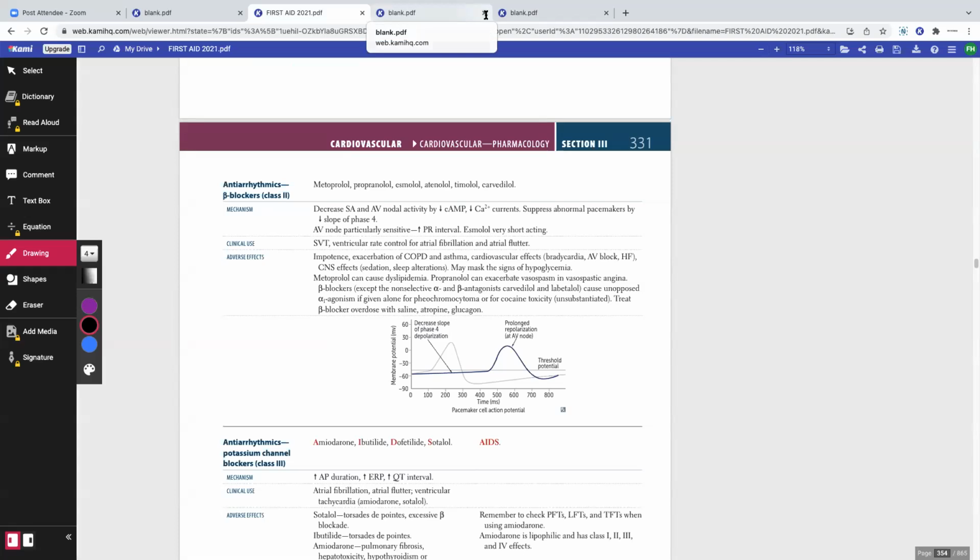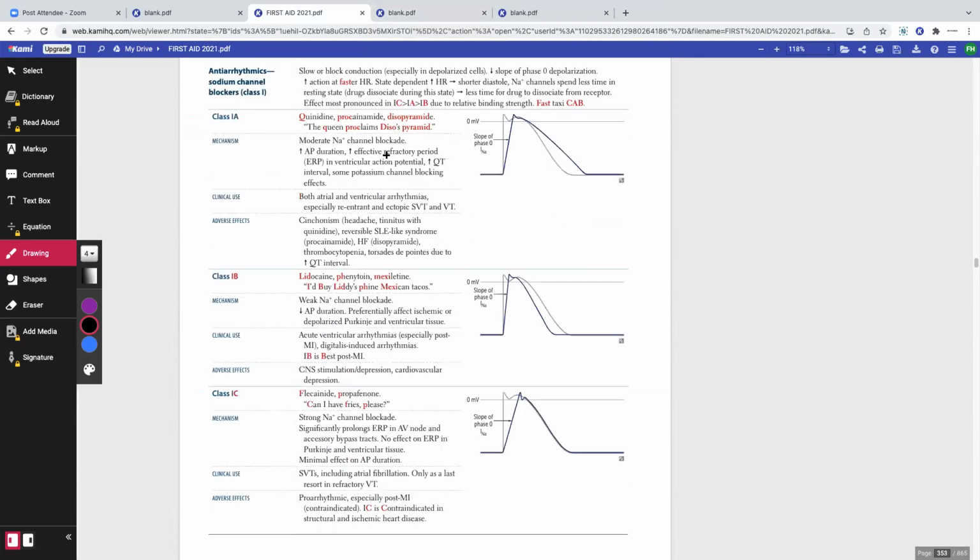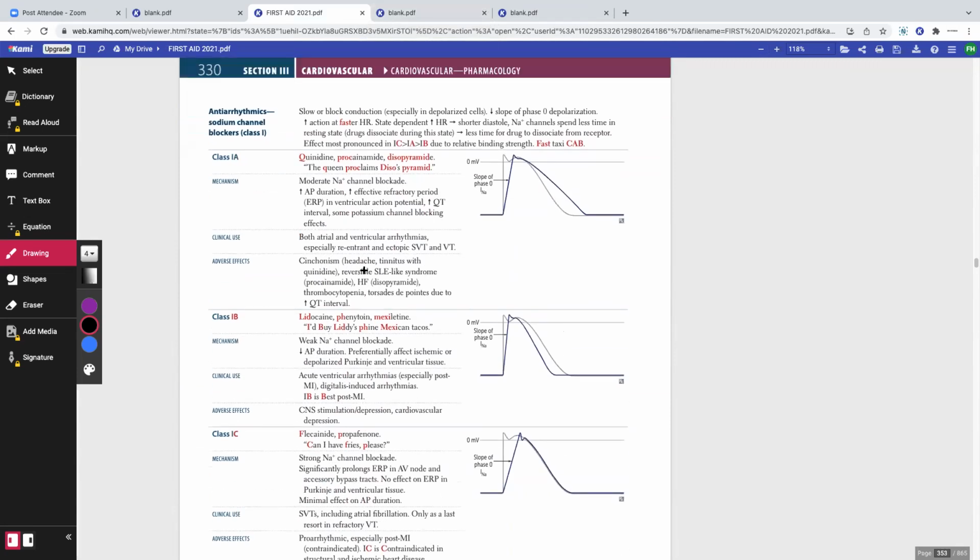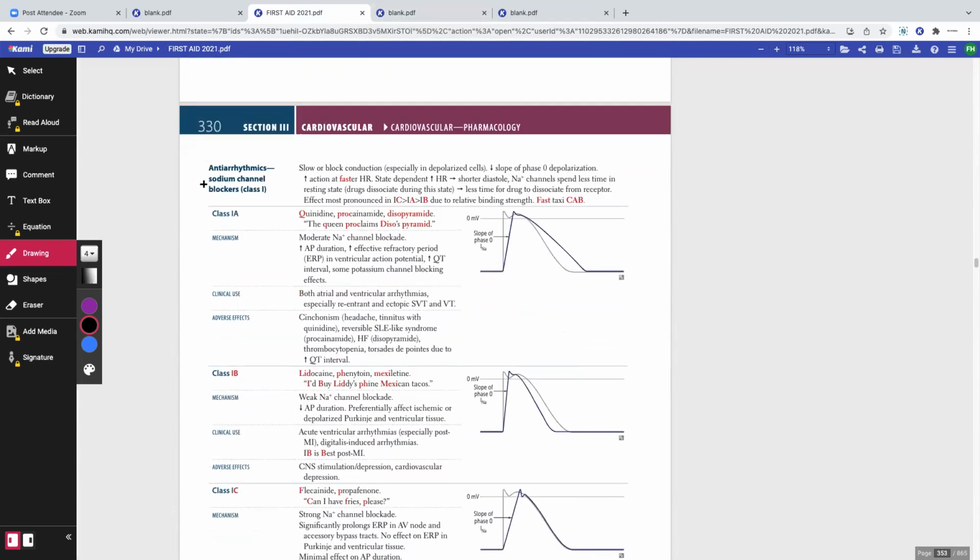No. So before I move on to class 2 antiarrhythmics, can I give you guys 2 minutes to go through this page? Yes or no? Let me just underline this. Antiarrhythmic drugs. First and foremost, class 1A, class 1B, class 1C. These graphs are very important.